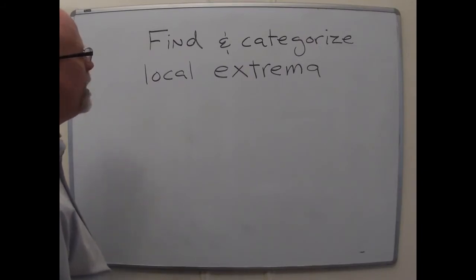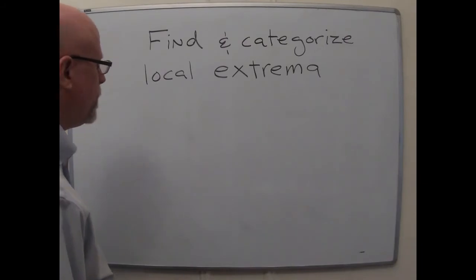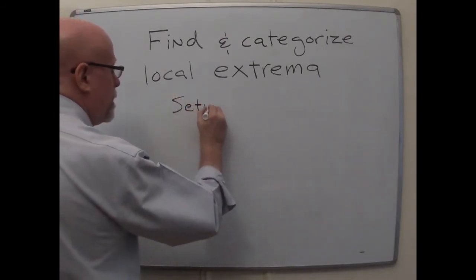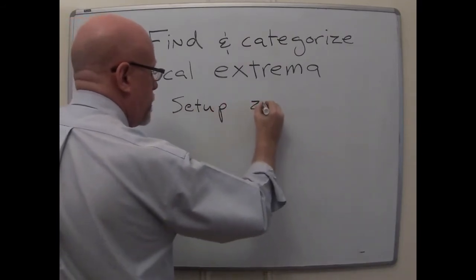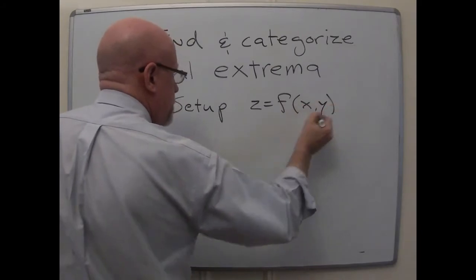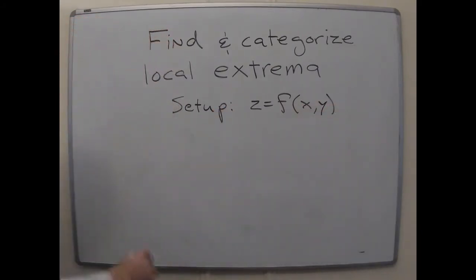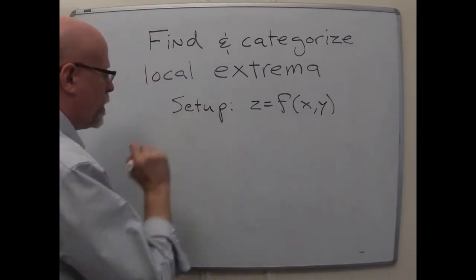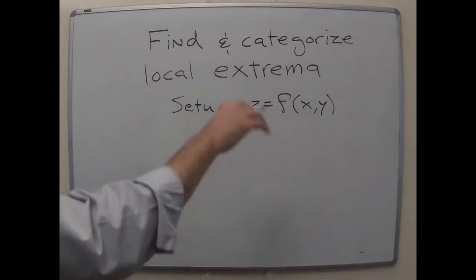Okay, find and categorize local extrema. So the setup is you've got z as a function of x and y. And you probably have some closed region that the whole thing is done on. But for right now, we're not going to worry about that. We'll just think about finding all the critical points.